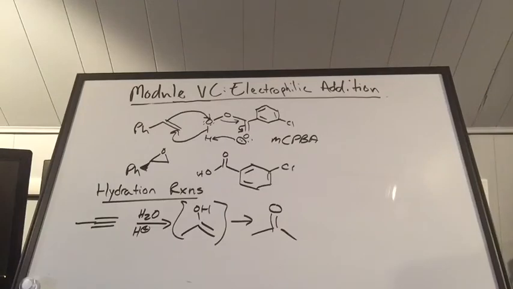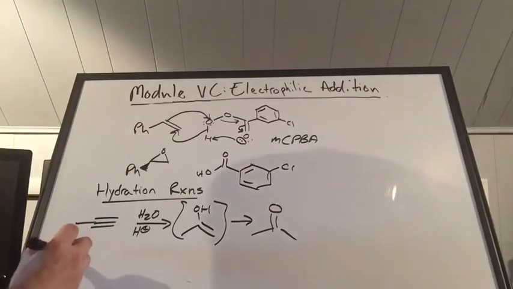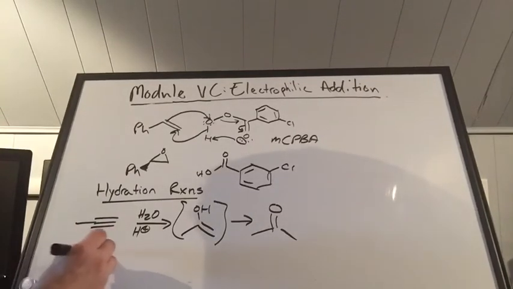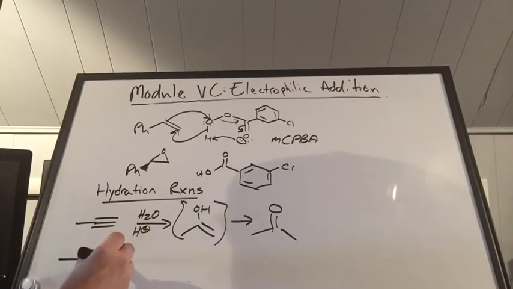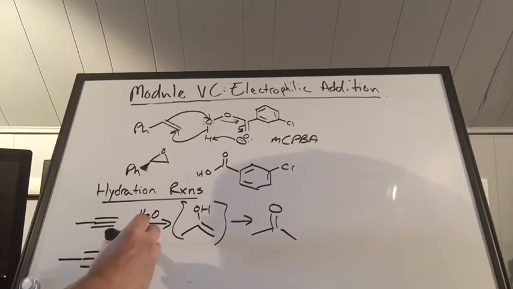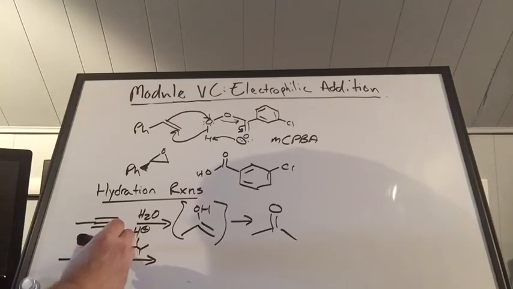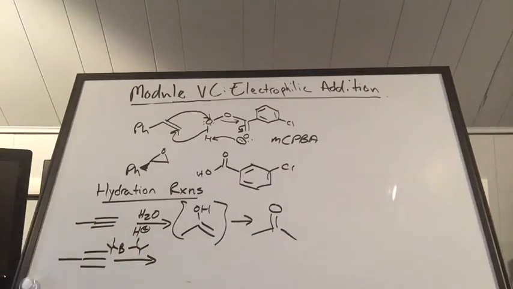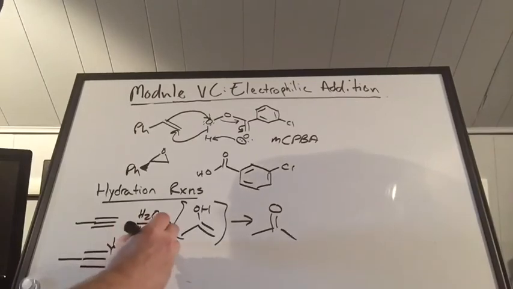Now, we're going to see some examples in which you can control where that oxygen is going to go. Okay. So, for instance, if you have an alkyne and you treat it with this bulky borane group that's stabilized by THF.